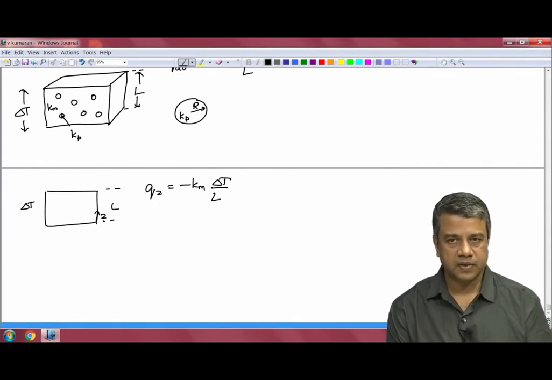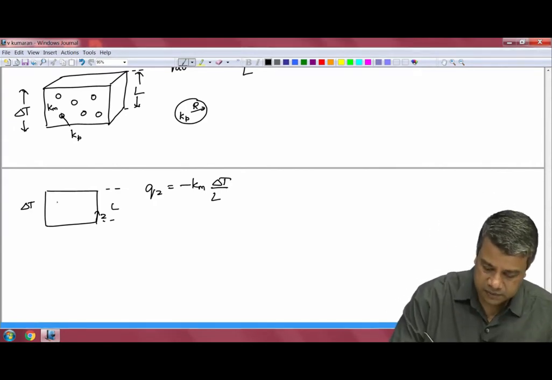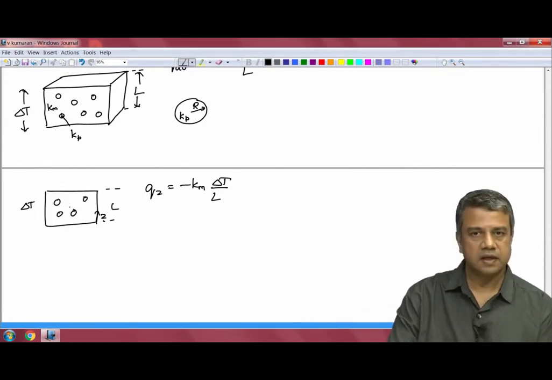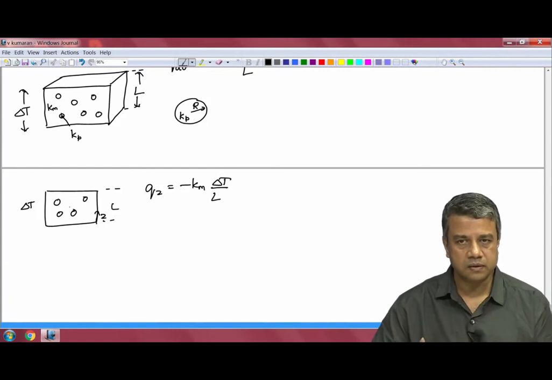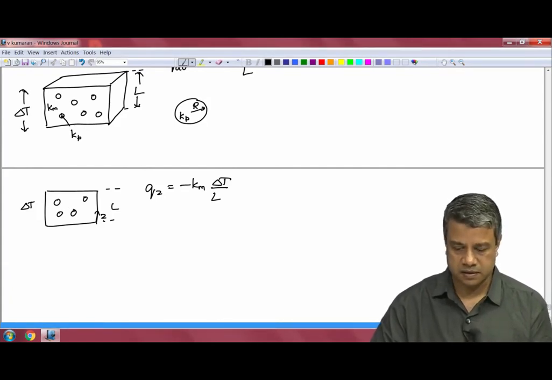However, when you have some particles included in here, these could have either a higher conductivity or a lower conductivity than the matrix.